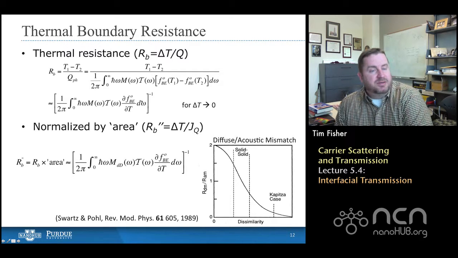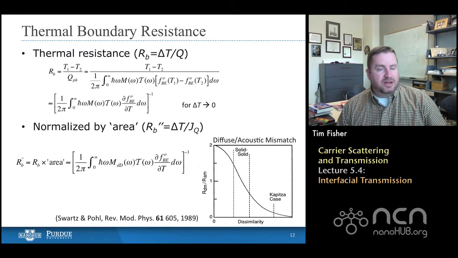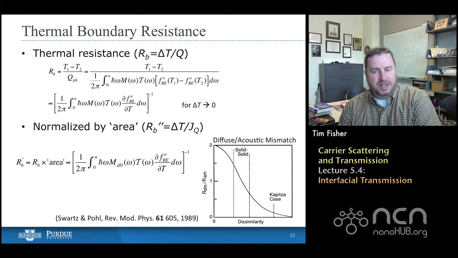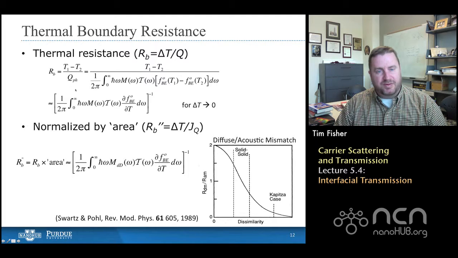We end up with a very simple expression for thermal boundary resistance, where the central player in it is, again, that product of the number of modes m and the transmission function script t. You'll also see it often, maybe more often, expressed normalized by area, in which case, instead of having the rate of heat flow, that would be in watts, for example, in the denominator, we have the heat flux, and that's J sub Q, the way we've been writing it.